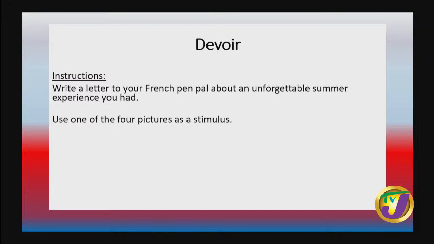Definitely. Okay, écoutez bien. Write a letter to your French pen pal about an unforgettable summer experience you had. Now, you're going to use one of the 4 pictures as stimulus. So let me just go back so you can remember what those pictures are. All right, let's go.